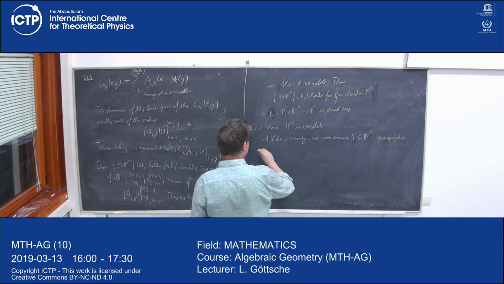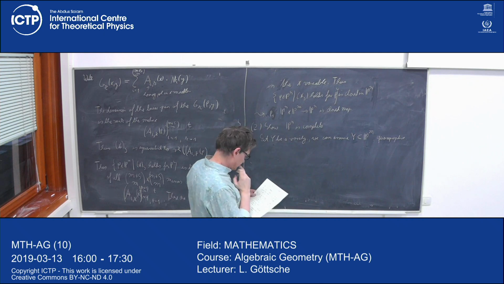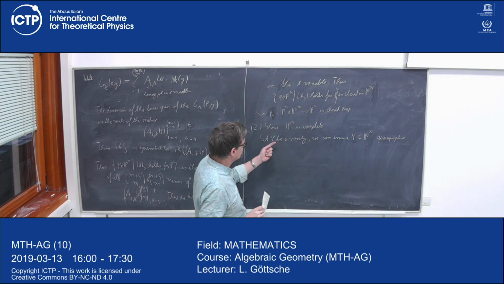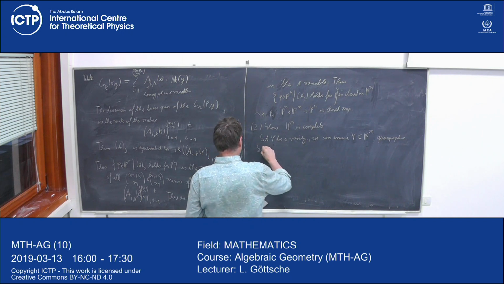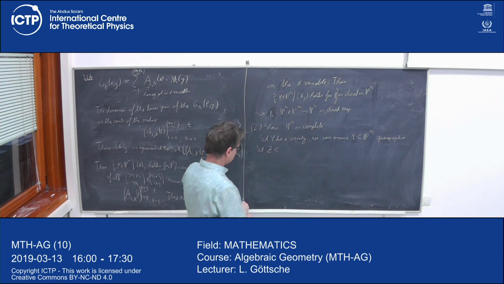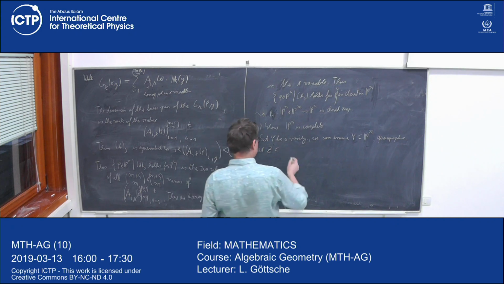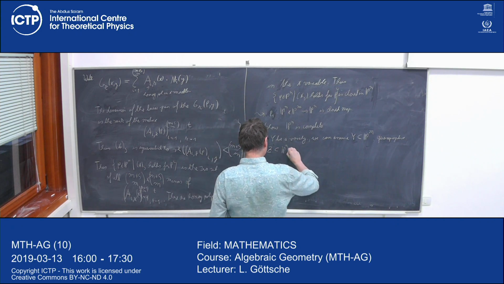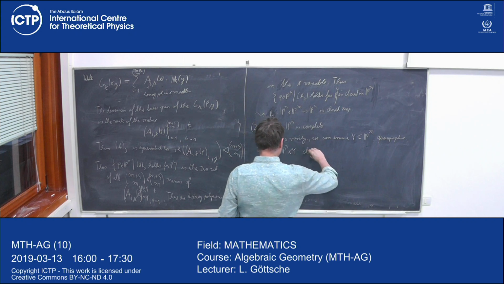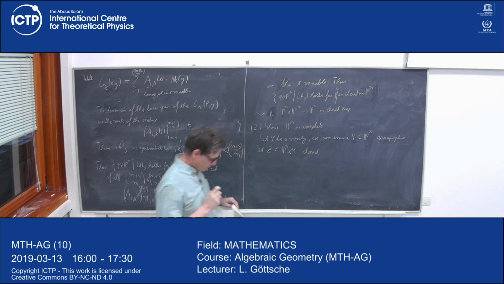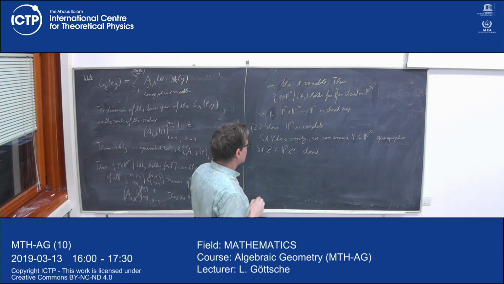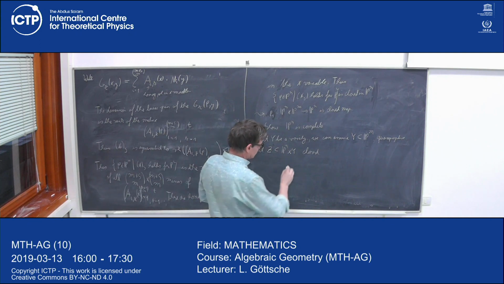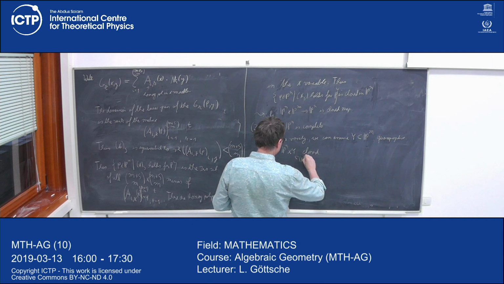So now we have to show that the projection from Pn times Y to Y is closed. So let Z be a subset of Pn times Y be closed. Note that this lies in Pn times Pm.